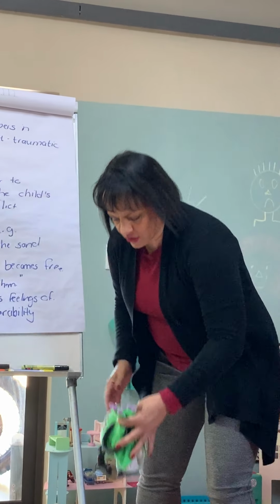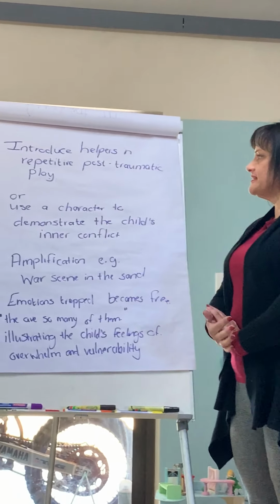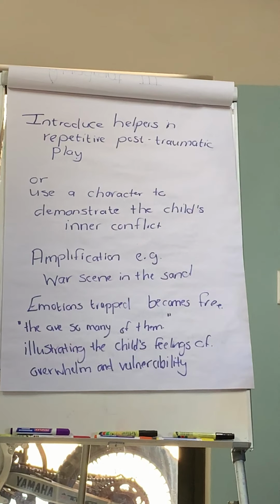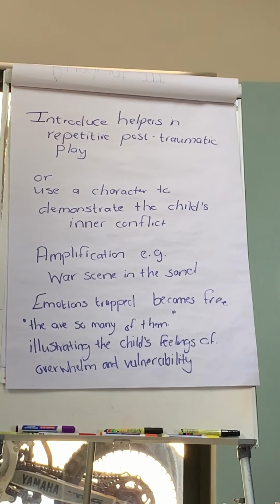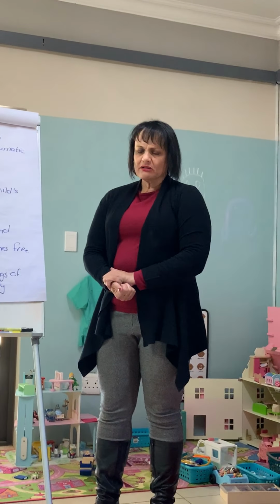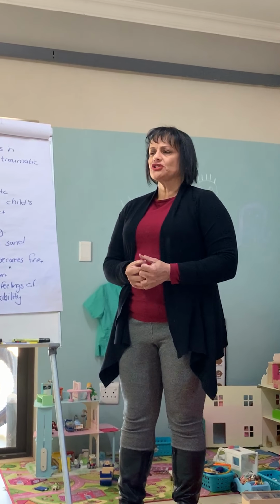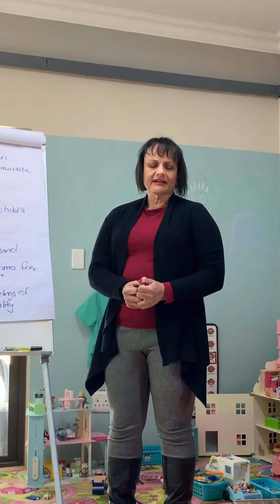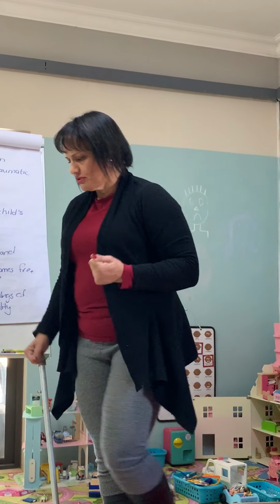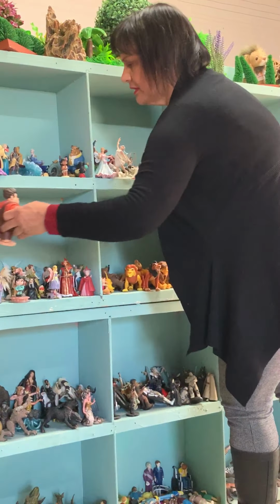The next way in which we can apply this specific quadrant is that we can introduce helpers in repetitive post-traumatic play. So let's say, for example, the child plays out a scene of extreme violence that happens in a house. Okay, so I'm going to demonstrate here in the dollhouse now.